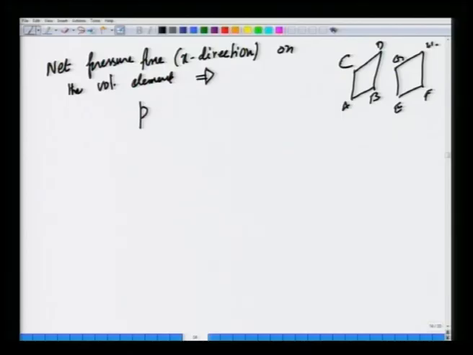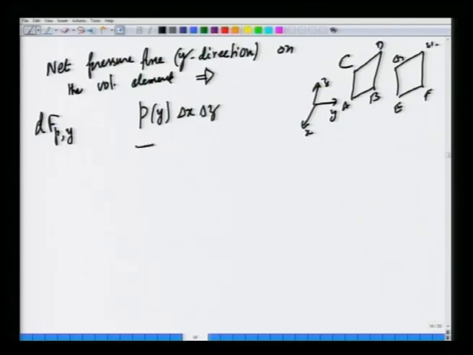Remember this is x, this is y, this is z. dFpy, the y component of the net pressure force, is nothing but P at y times delta x delta z minus P at y plus delta y times delta x delta z.